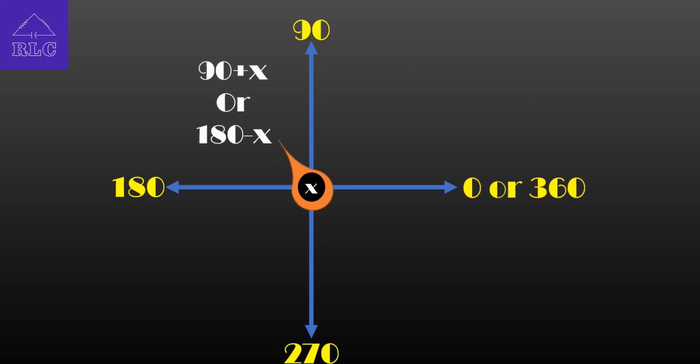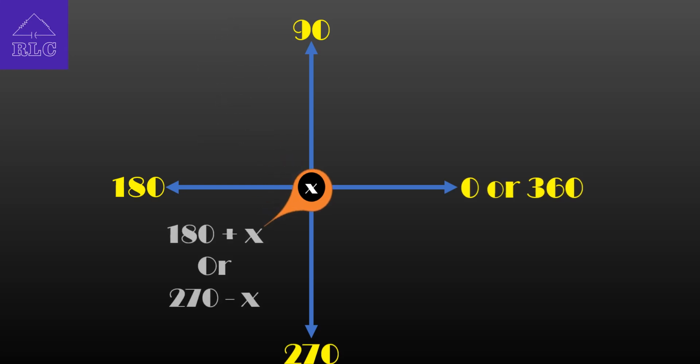Now the second portion of our coordinate axis is the second quadrant. This region is also called 90 plus x or 180 degrees minus x. Let us move to the third quadrant.